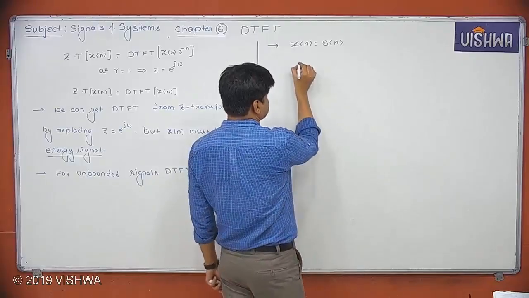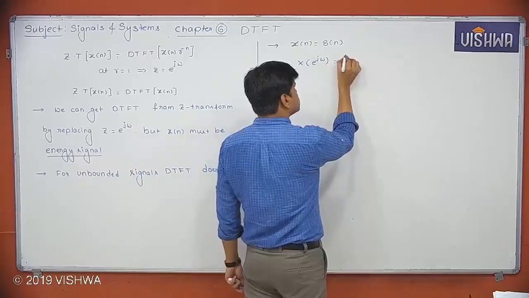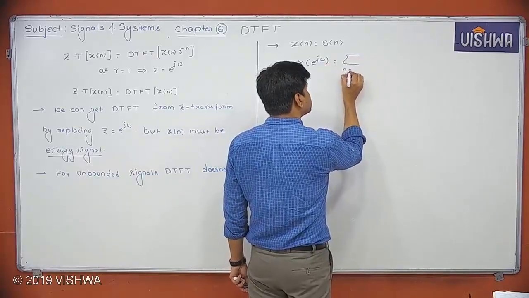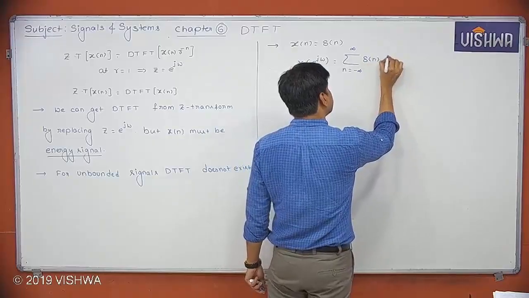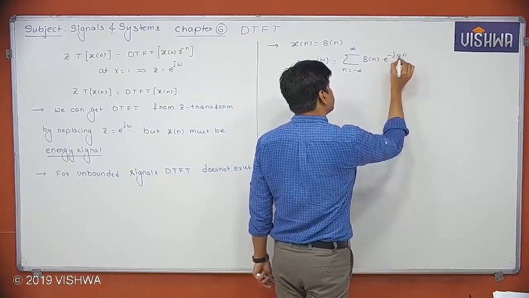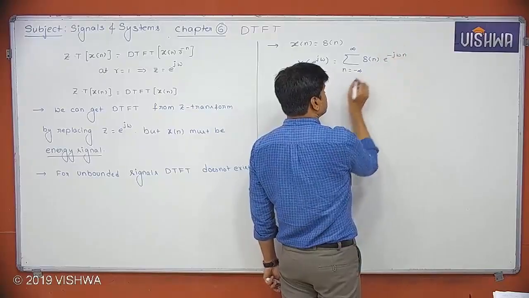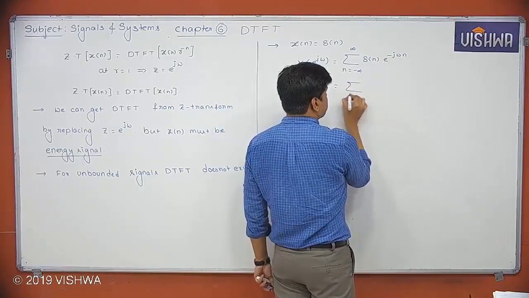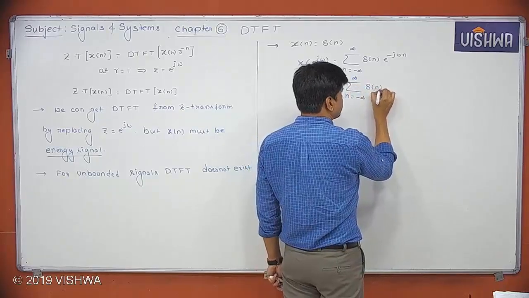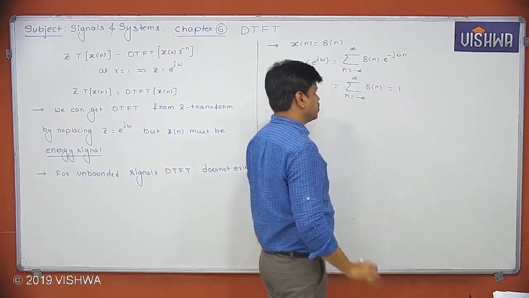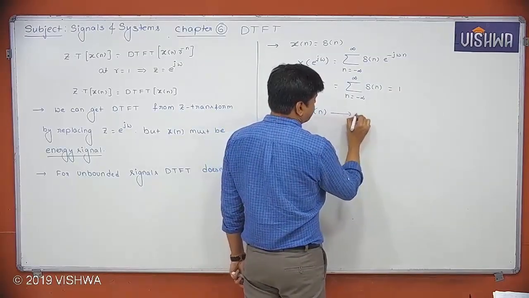Without much thinking we can say x of e power j omega is equal to summation n is equal to minus infinity to infinity delta n e power minus j omega n. So n is replaced with 0. This is going to be summation n is equal to minus infinity to infinity delta n, which is equal to 1. So in short, remember for delta n, DTFT is equal to 1.